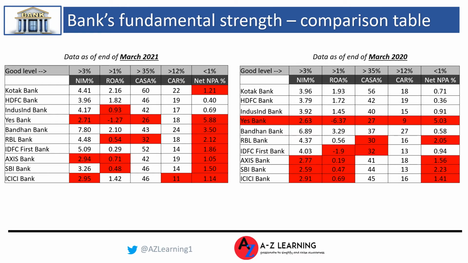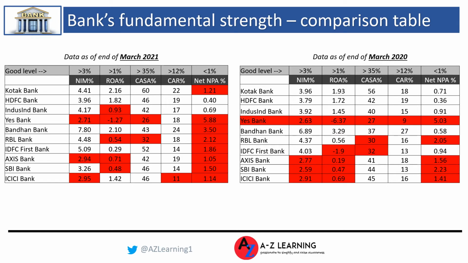First of all, there is only one bank out of these 10 banks which has absolutely no red flag across these five metrics. Yes, that is the second row, which is HDFC Bank. HDFC Bank is the only bank out of these 10 which has no red flag on these five metrics.